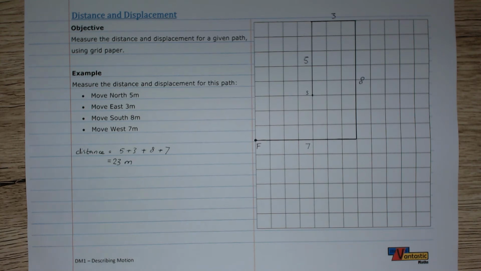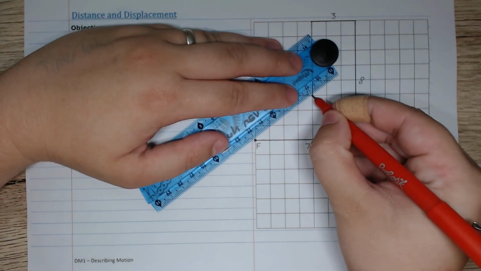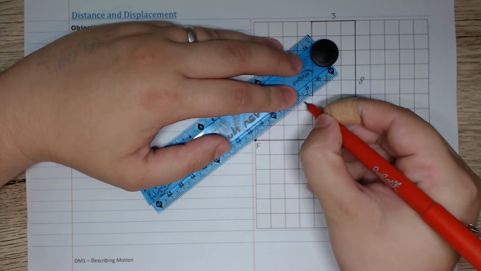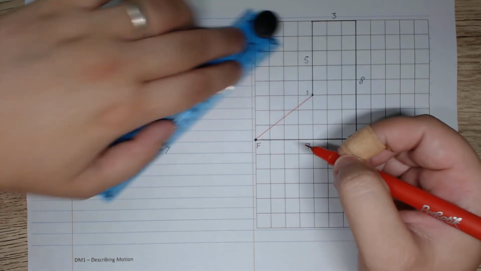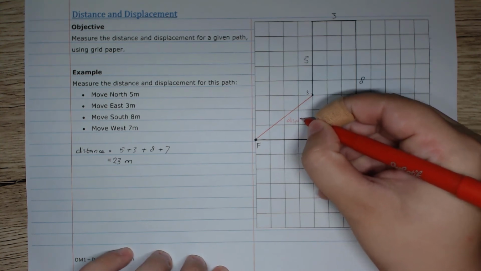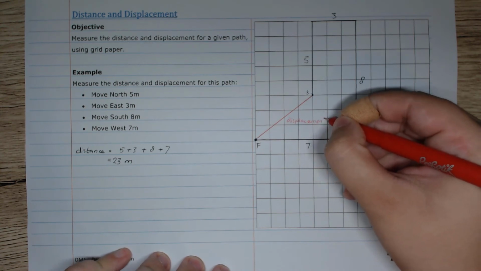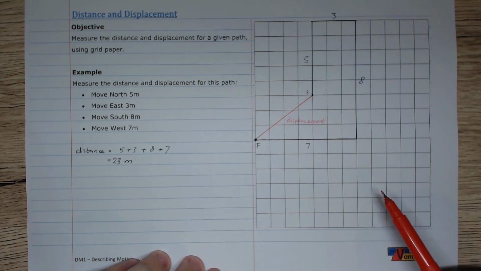The displacement, on the other hand, is the distance from start to finish. So that is this distance. It's the shortest distance from start to finish. So that is our displacement. I might just label that displacement. Now you can use Pythagoras here to figure it out.